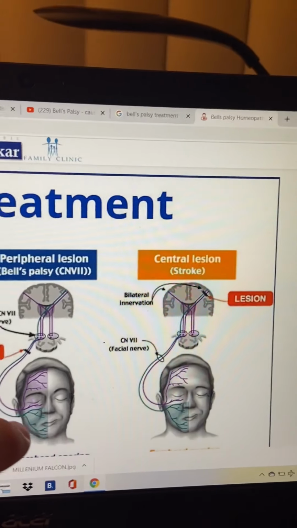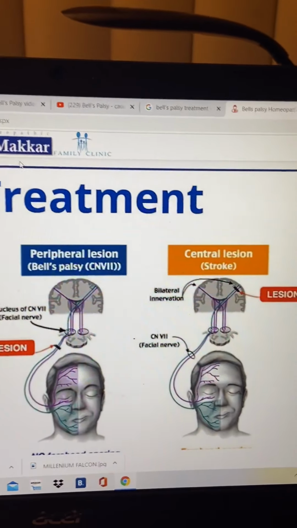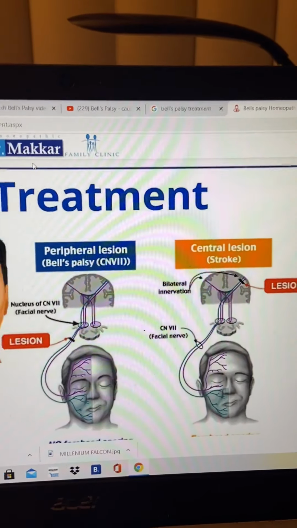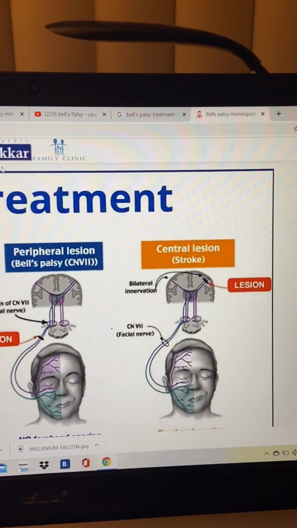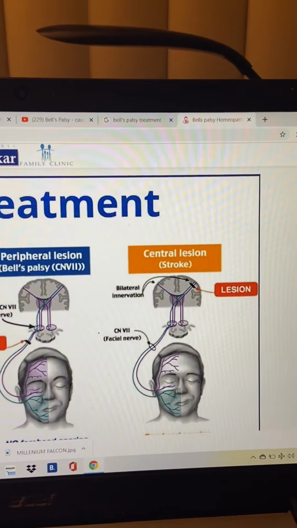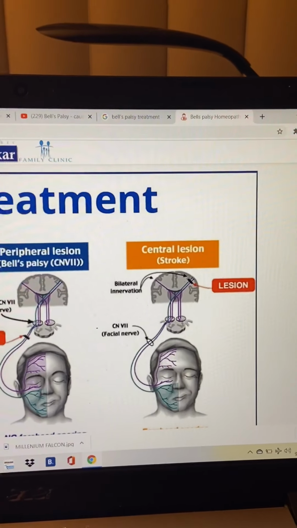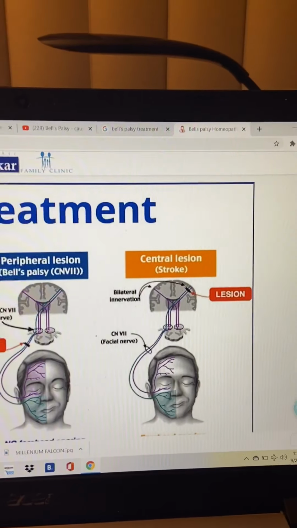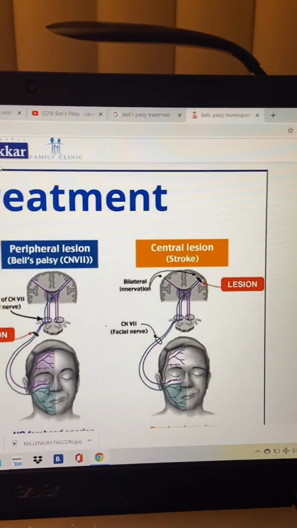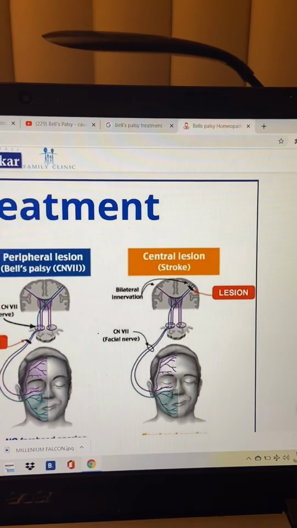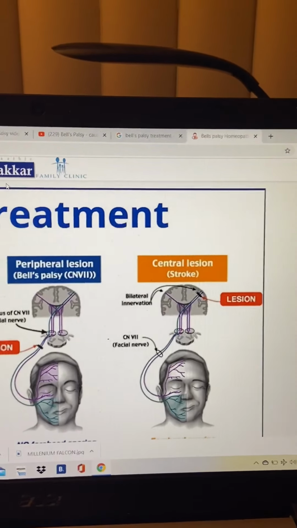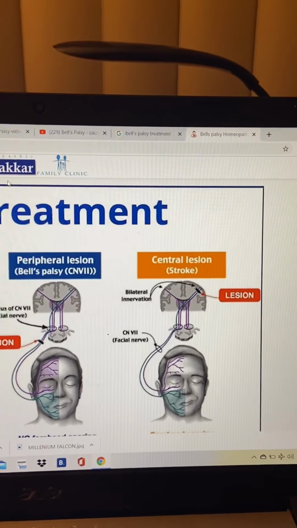So with Bell's palsy, you'll have the entire side of the face affected. You'll have the absence of the nasolabial fold, drooping eyelid, drooping of the mouth, dryness of the affected mouth or eye. You could have the loss of taste to the anterior 2/3 of the tongue, hypersensitivity to loud noises.